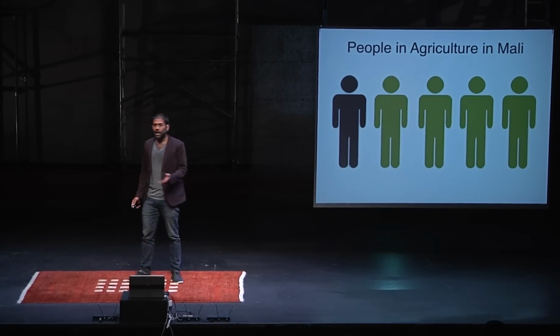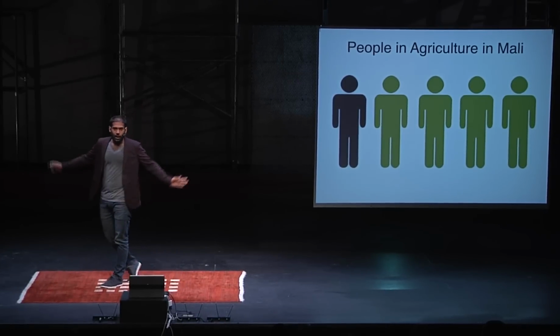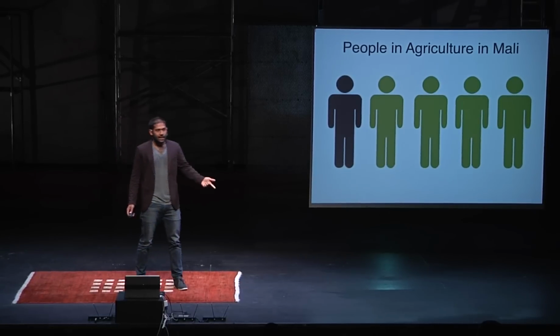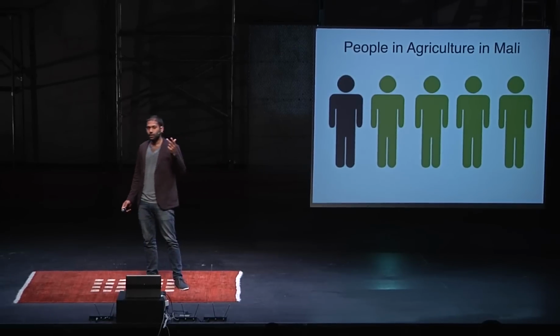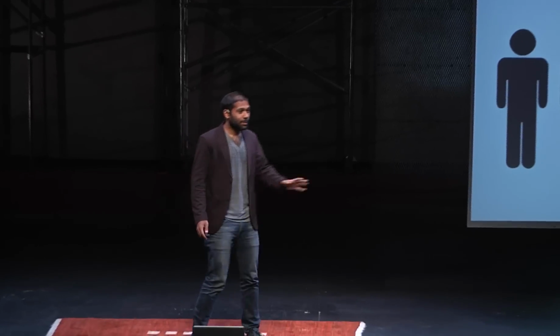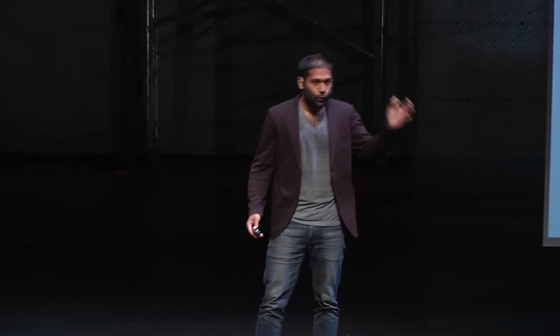So these are people who lack access to all kinds of things: access to financial tools, access to seed, access to fertilizer, access to proper farming techniques, access to training in those farming techniques. And because these are people who might live in really remote, disconnected areas, they lack access to markets as well for the crops that they produce.